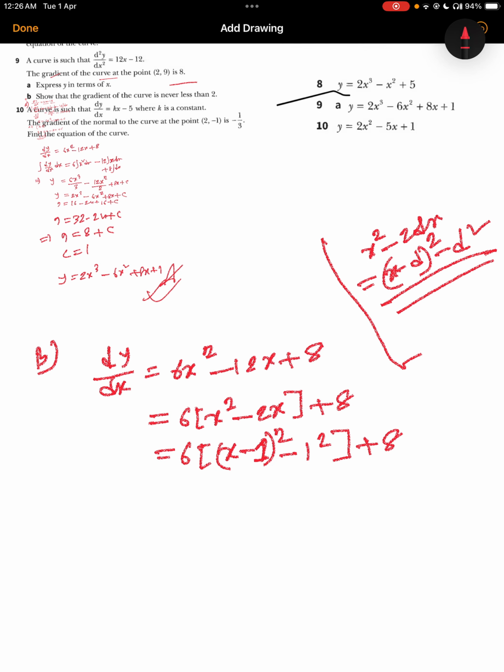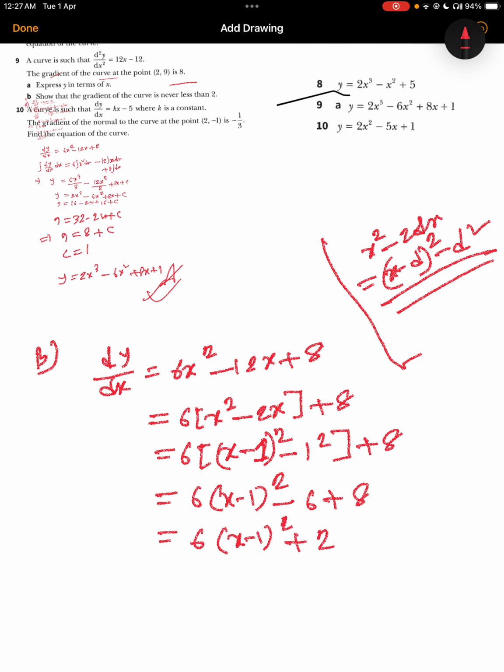Then plus 8 here. So 6 times (x minus 1) squared minus 6 times 1 squared, which is 6, plus 8. So 6 times (x minus 1) squared plus 2.